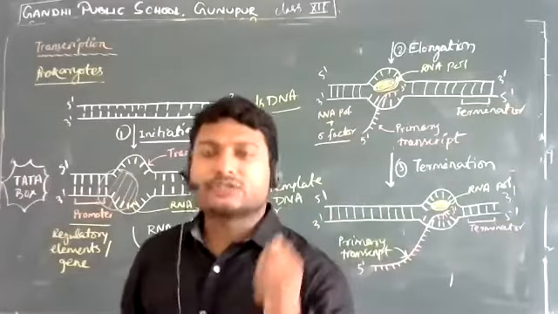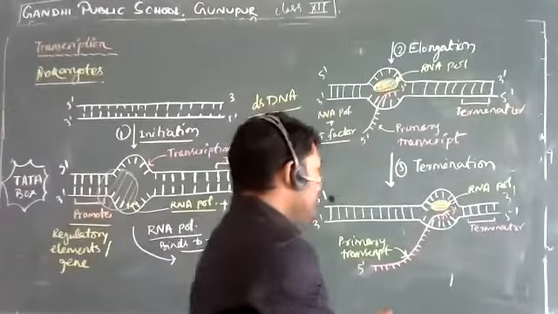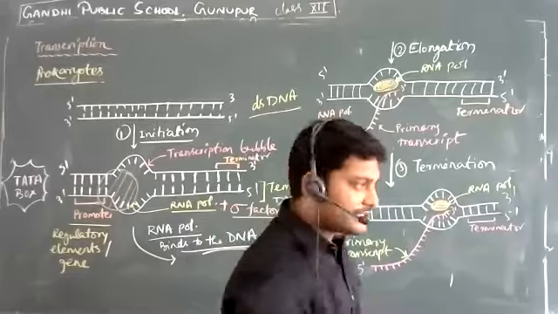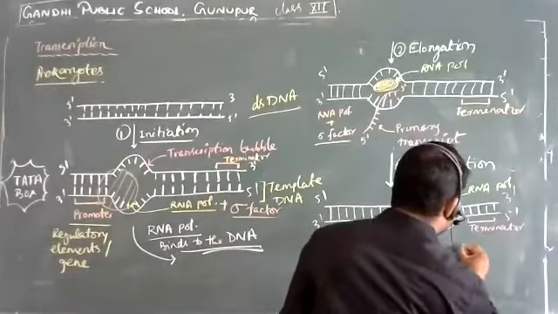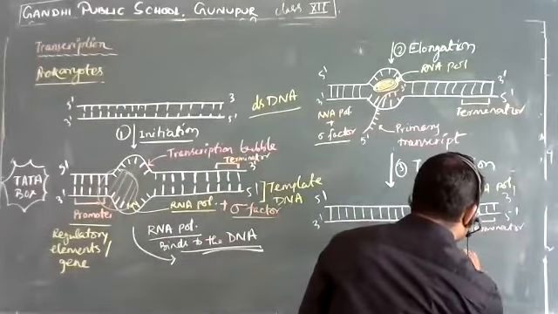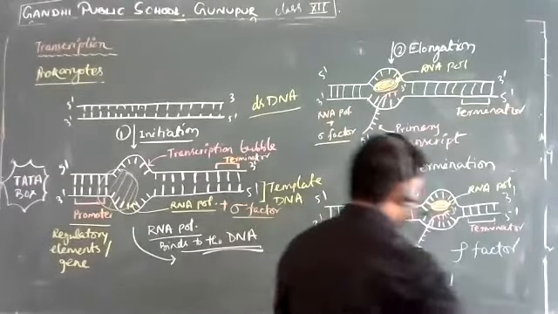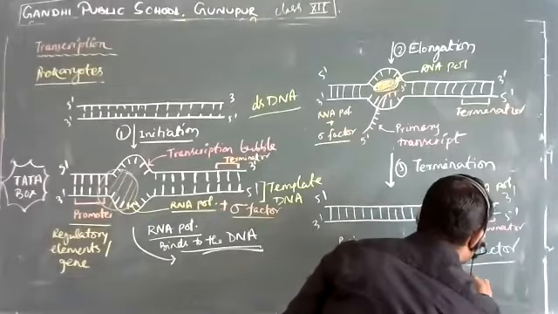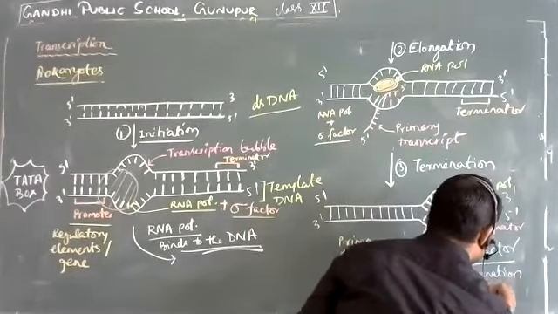The moment it encounters a termination sequence, it temporarily gets associated again with another factor. It is called the termination factor, or the rho factor.